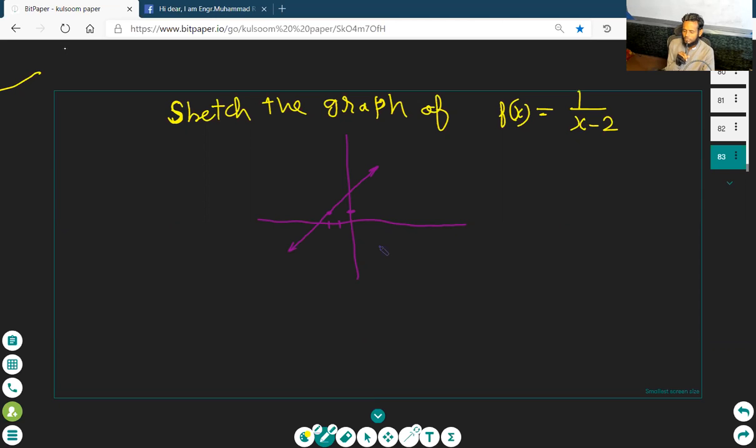It is not true graph. First tell me where will be hole, where in this graph there will be hole or asymptote. First decide this, okay? Asymptote.